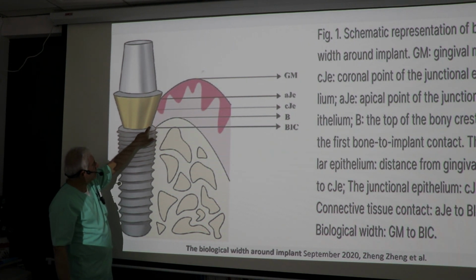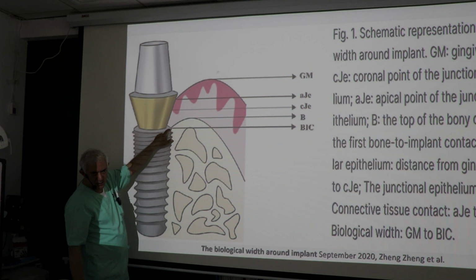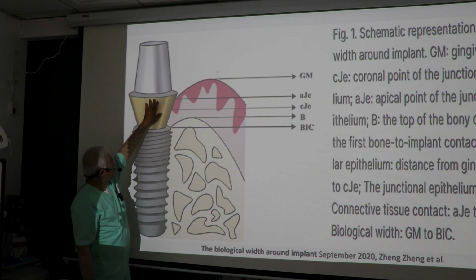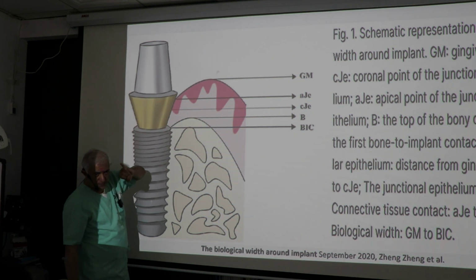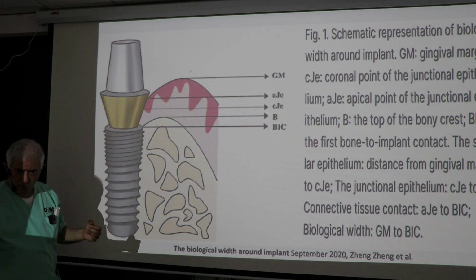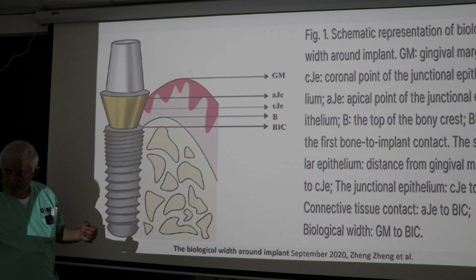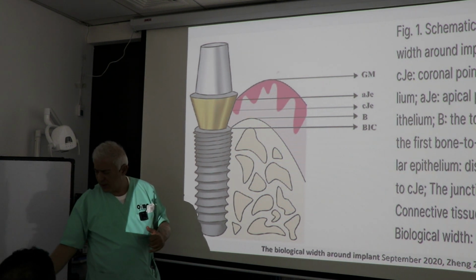But because it's platform switch, the inflammation is here. So because of that, there is no irritation on the bone, because every time you eat and this moves a little bit, the bacteria goes in and comes out, goes in and comes out. So the inflammation is here. That's the first. So the first theory is always use platform switch.